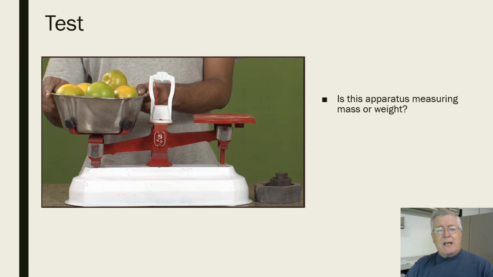I'll give you just a second to look at it. You notice those gray looking standards over to the right. That might give you a little clue here. So yes, it's mass. I hope you all got that.